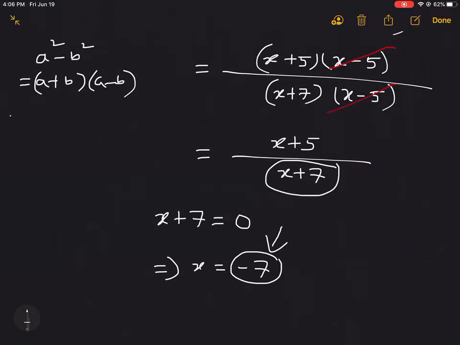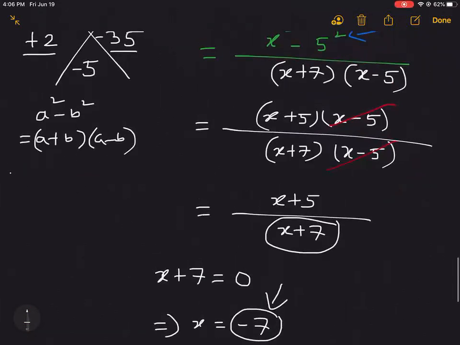Any question from this? Take a look at this. It's not only -7, it's actually x equals -7.